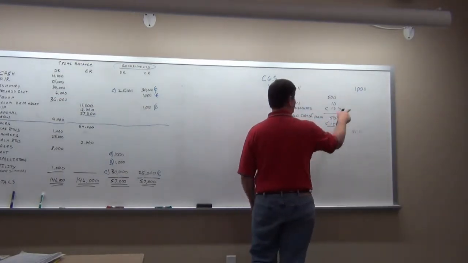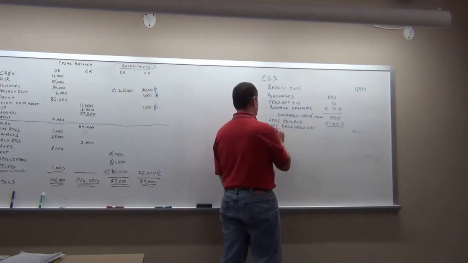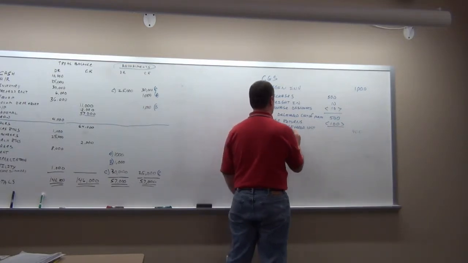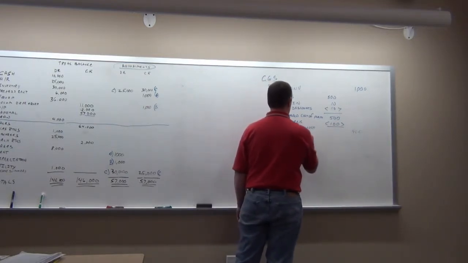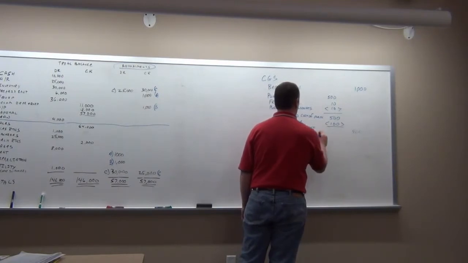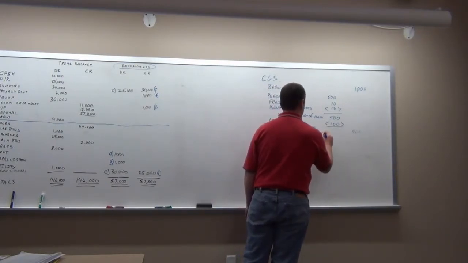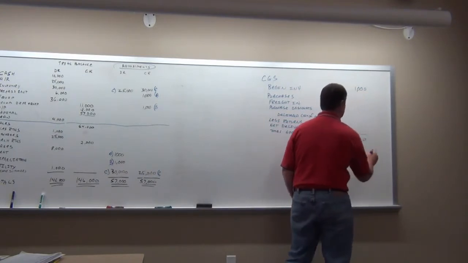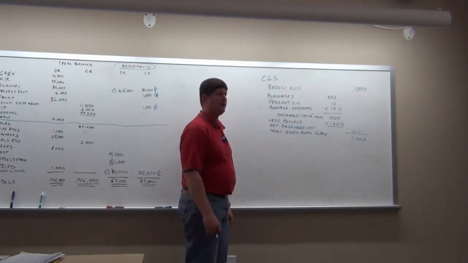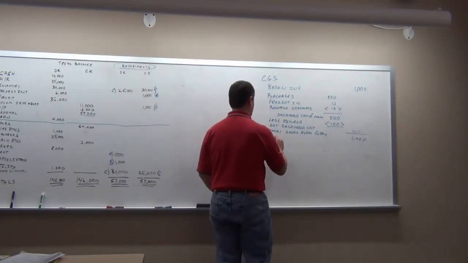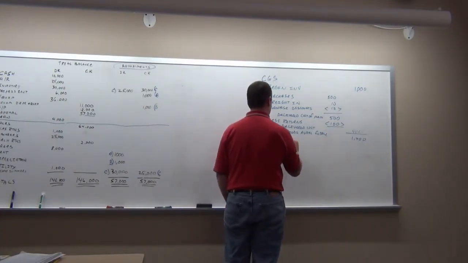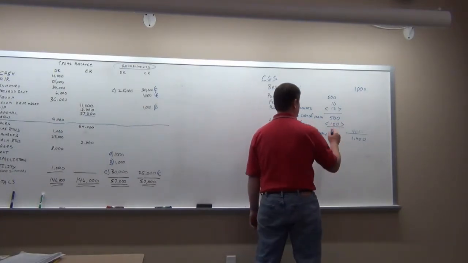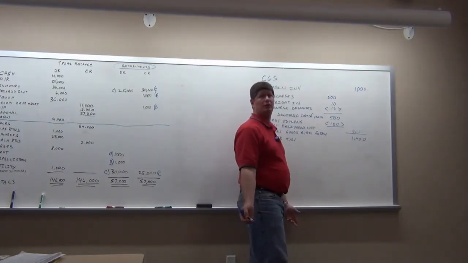Then I add that to beginning inventory to get total goods available for sale, and this would be 1,400. Okay. Then I would have ending inventory. And how much is our ending inventory?